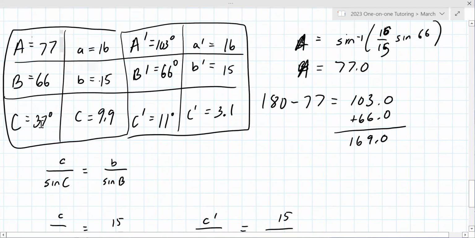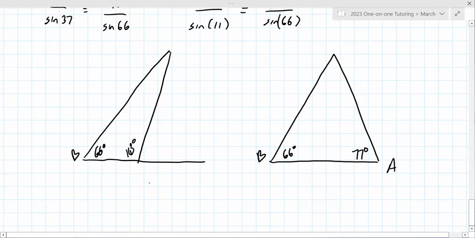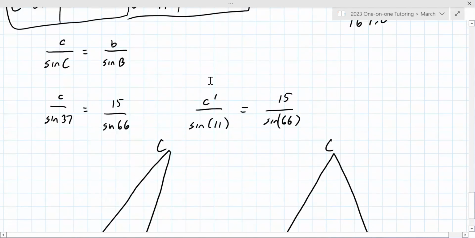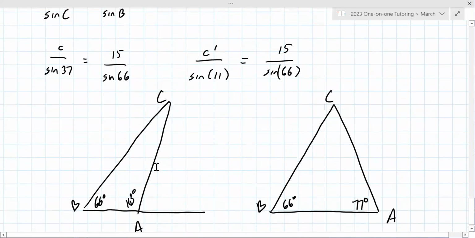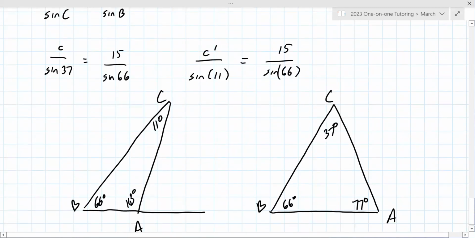No, I'm doing this backwards. Okay, this is A down here. This is 103 degrees, and this is the 77 degrees. So there's B, there's A, and there's A, and then C and C. So you can see that C in one case is really small, the 11 degrees, and in the other one it's 37 degrees like that.